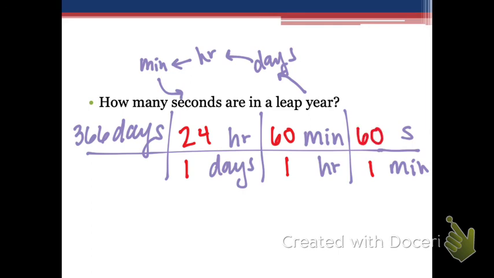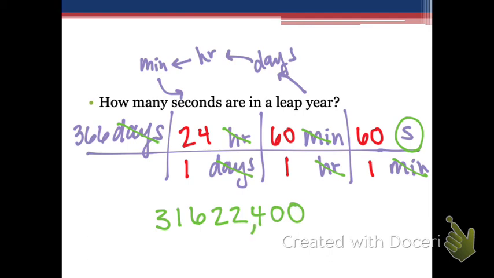Do you see how I had to make my path all the way? I started with days, and I got rid of days. I got rid of hours. I got rid of minutes, and I'm left in seconds, which is what I want. So are we going to expect a big number here or a small number? Big, really big. We should expect a really big number. 31,622,400 seconds.